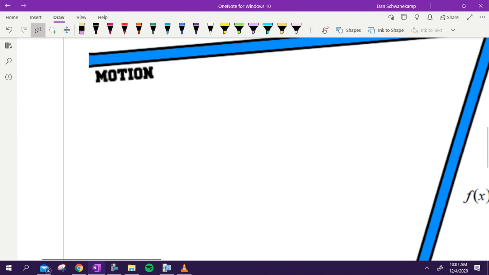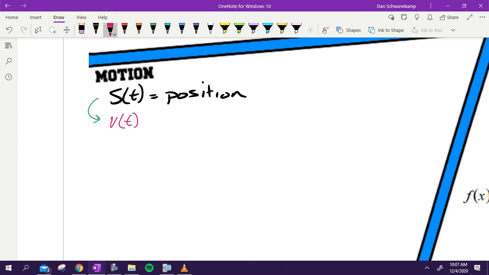Let's keep it rolling. Let's go down to motion. Okay? When we're talking about motion, lots of different things we can do with motion. Obviously, the first thing we always talk about is S of t is position. What happens if I take the derivative of position? What do I get? Velocity. We just did that today.